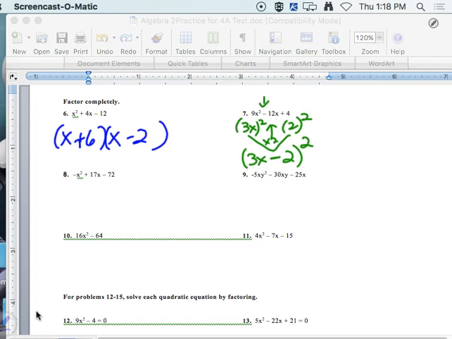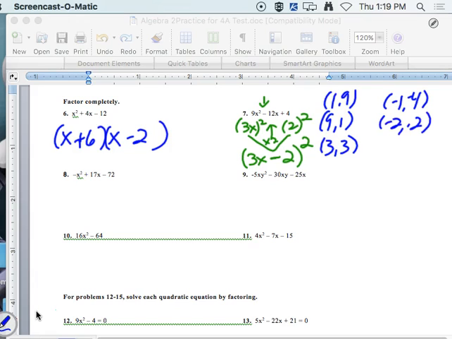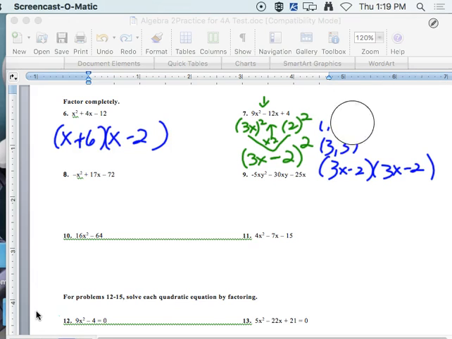Now let's say you missed that, and you're over here and you're writing down 1 and 9, 9 and 1, 3 and 3, negative 1, negative 4, negative 2, negative 2, and you get done and you have 3x minus 2 times 3x minus 2. At that point, your light bulb needs to go on and you realize, oh, this was a perfect square trinomial and I missed it. And then erase all of this.